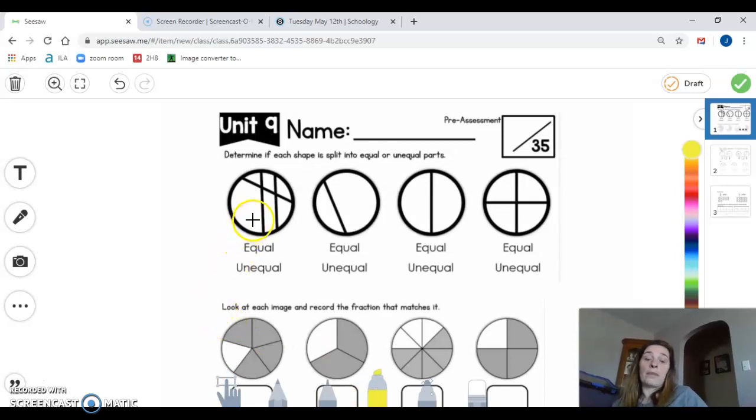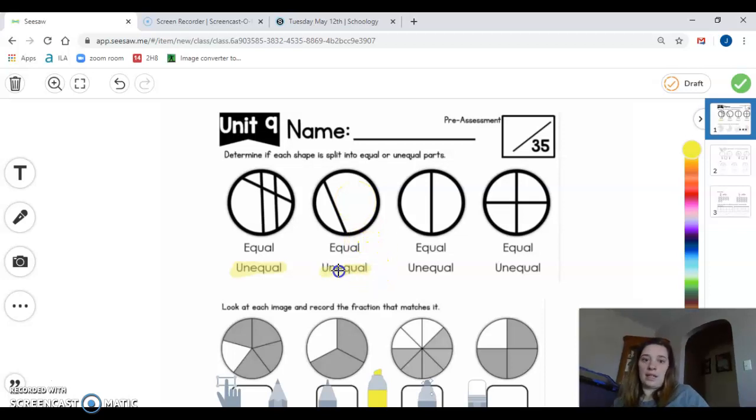On this one, are these shaded into equal or unequal parts? Right, they're unequal. This one, equal or unequal? Would you like to have this part of the cookie and your friend get this part? I wouldn't.